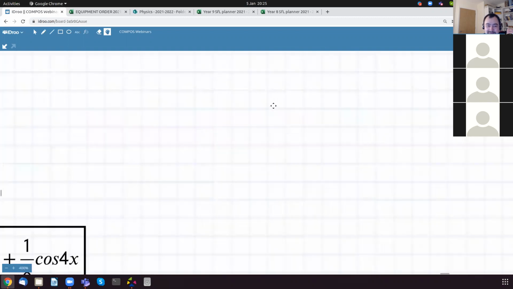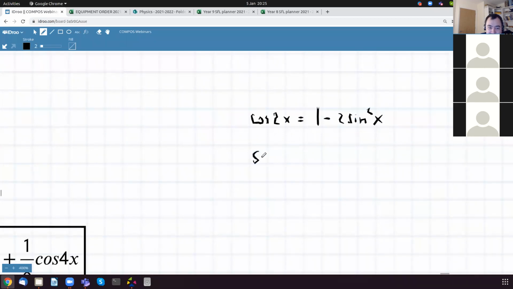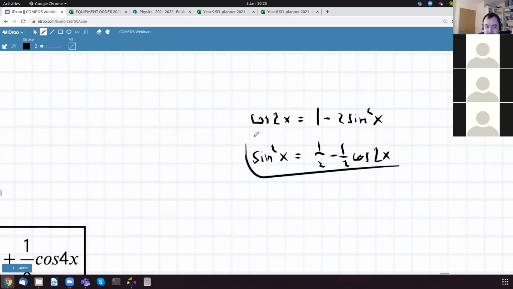There are formulas that I do remember, and I just write down cosine 2x is equal to 1 minus 2 sine squared x, and I get sine squared x is equal to a half minus a half cos 2x. Earlier this evening, I did exactly that because I don't remember this. I can't honestly remember all the trigonometric formulas. So if I need them, I just get them.